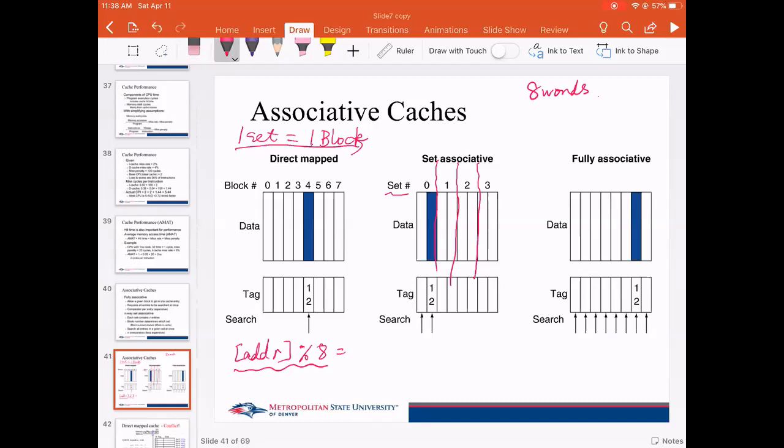So you have 2 separate locations in one single set. And when you do the mapping, your first address will map to the first set, your second address will map to the second set. Of course, you will do modulus 4 instead of modulus 8, because you only have 4 different set indexes.